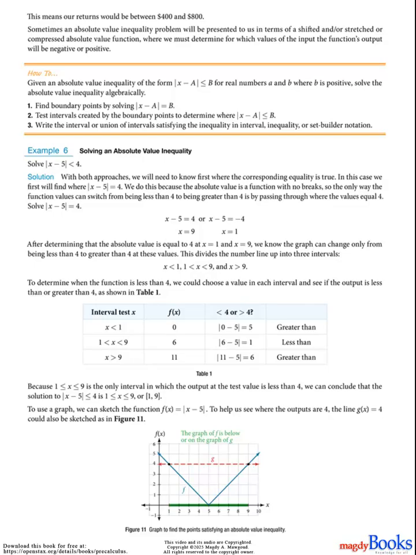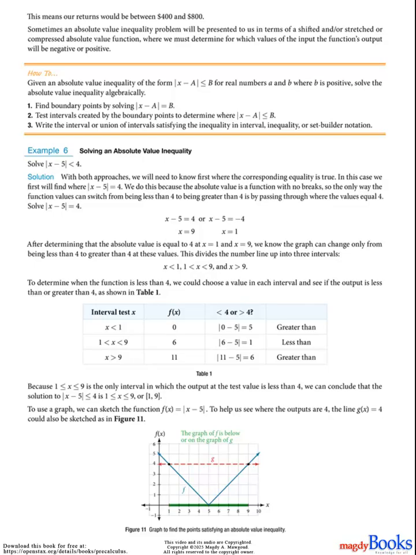Find boundary points by solving the absolute value of x minus a equals b. 2. Test intervals created by the boundary points to determine where the absolute value of x minus a is less than or equal to b. 3. Write the interval or union of intervals satisfying the inequality in interval, inequality, or set builder notation.